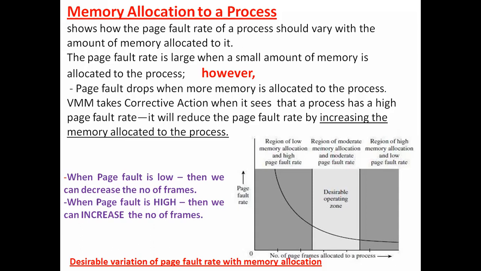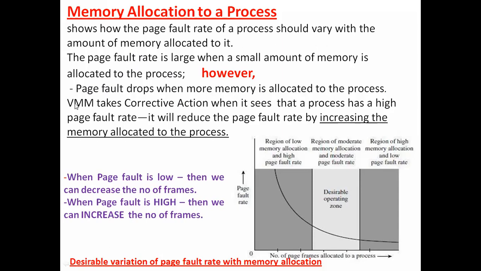Hence the rate of page faults will be very high, and I'll have a large number of page faults if a small amount of memory is allocated for a process. However, this number of page faults can be reduced if I'm able to allocate a larger amount of memory for a process.